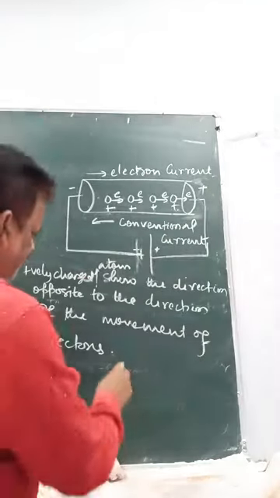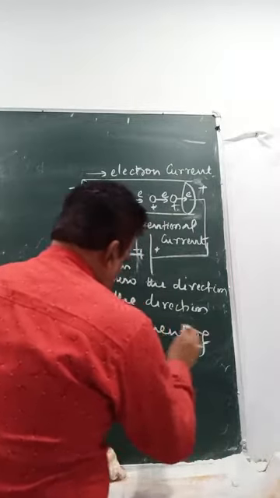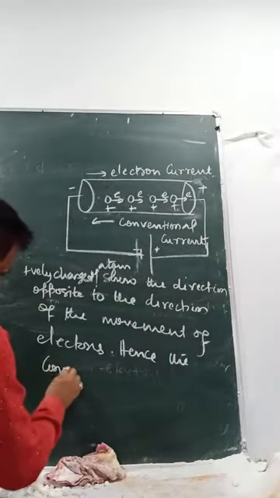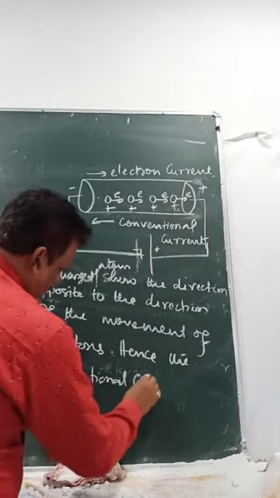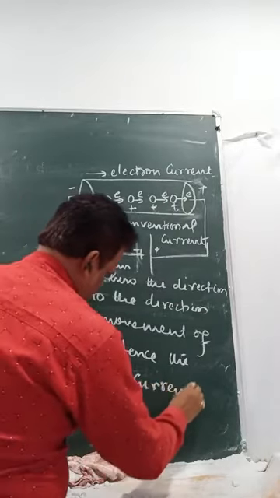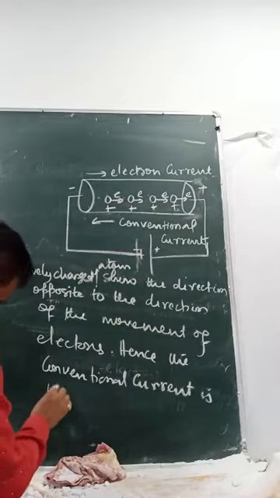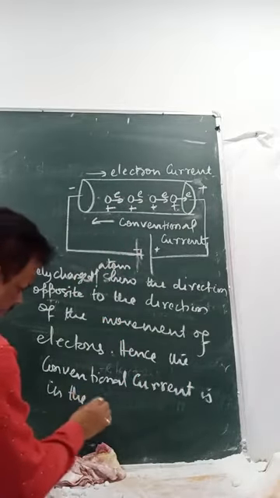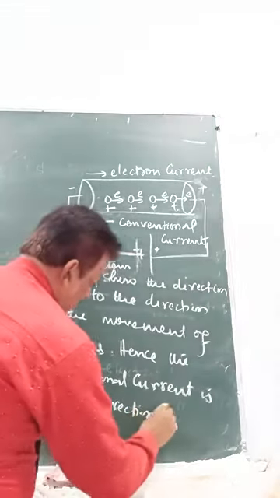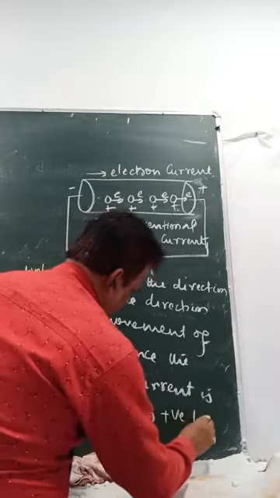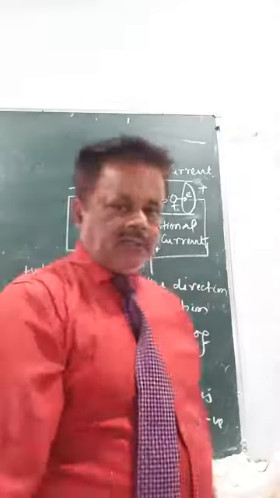Hence, the conventional current is in the direction positive to negative.